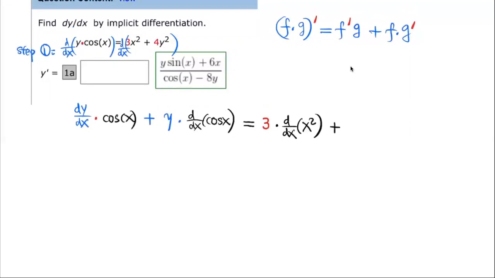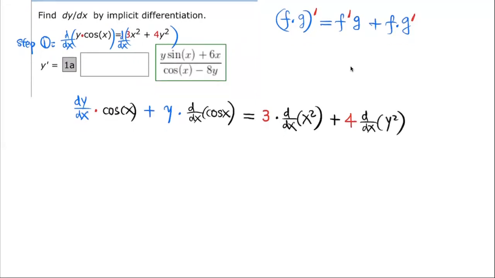Similarly for this one, the 4 is a constant multiple, so we have the 4 outside, and then we differentiate y squared with respect to x. So far, okay?